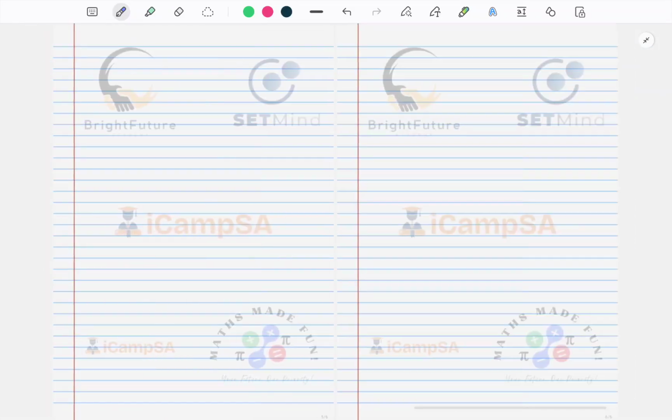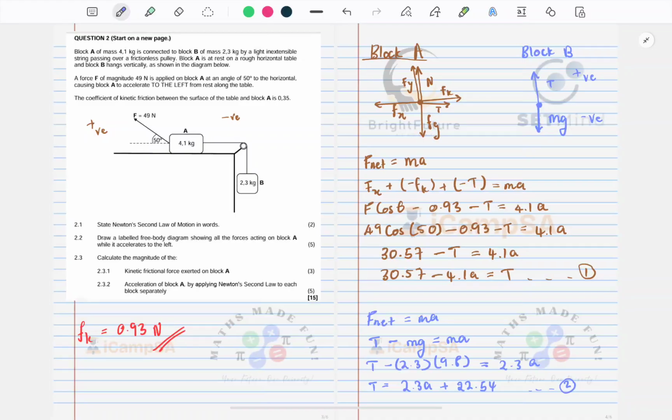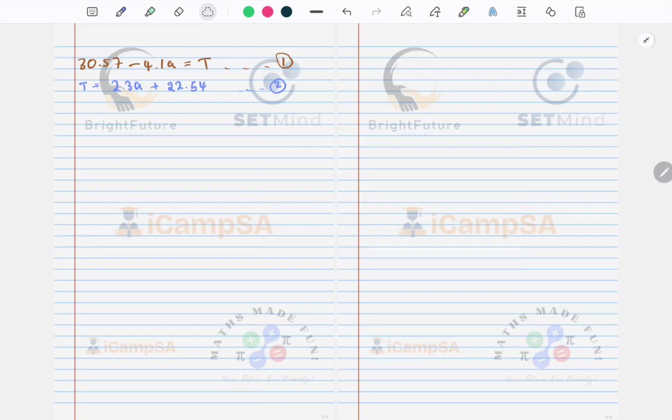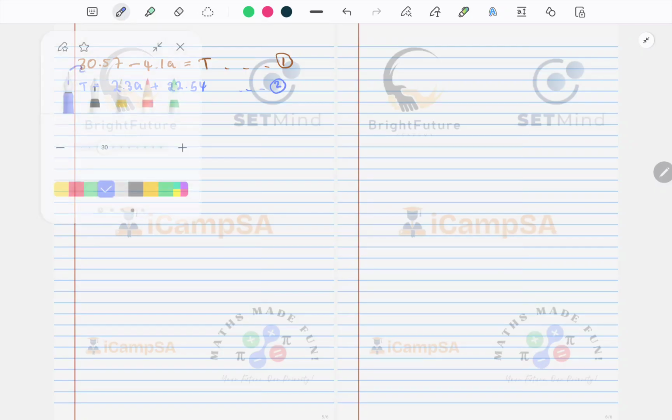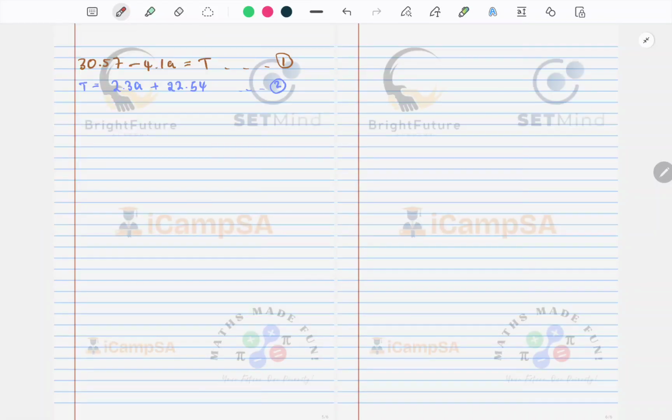We can come to another page and take these two equations. We know that equation 1 equals equation 2, because this is T, and they are equal. So we can say 30.57 minus 4.1a equals 2.3a plus 22.54.